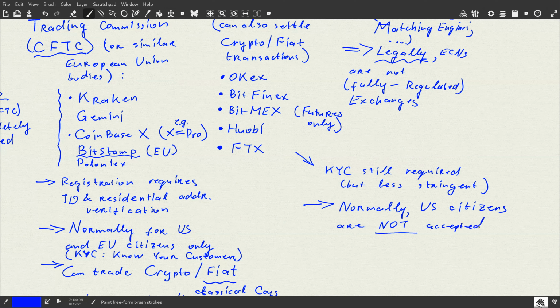If your only passport is a United States passport, you are typically not accepted to trade at Binance or BitMEX. Why not? Because in this case, the exchange would have some legal obligation about reporting your trades and profits to the US authorities, so that the Internal Revenue Service, the IRS of the United States, would charge taxes from you. And it is very difficult for those unregulated exchanges.